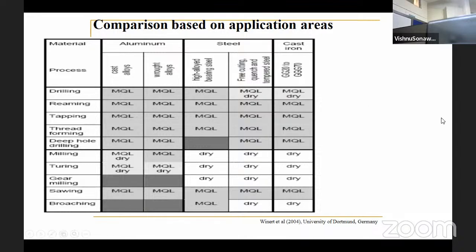This table indicates for which process and what workpiece we have to select minimum quantity lubrication or dry machining. What type of system should be preferred for different types of cutting tool material and workpiece material. This is the main criteria during dry high speed machining, right?